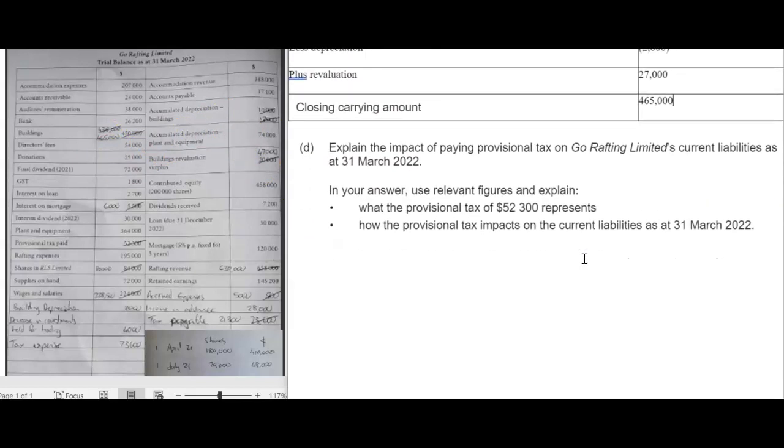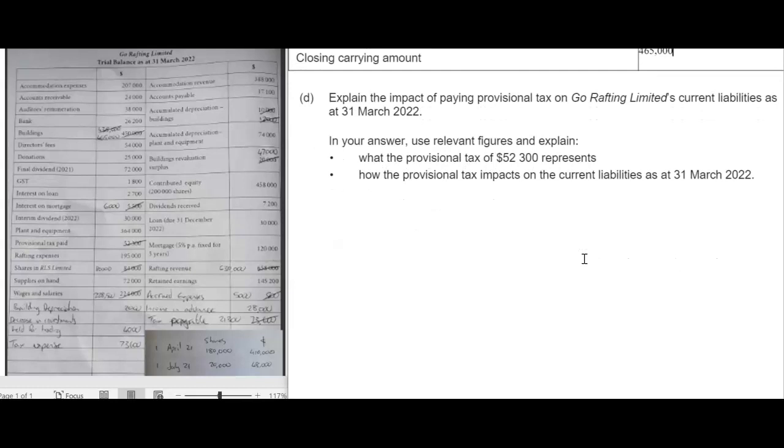And the last part, doing well, is to explain the impact on provisional tax. Sorry about that. Provisional tax. There we go. Provisional tax, the 52,300. Basically, you've got to write what that represents.